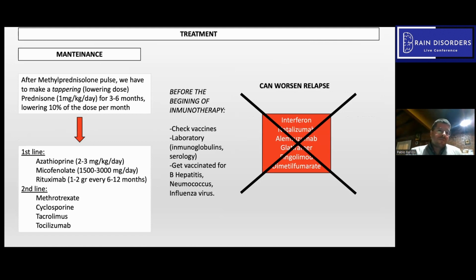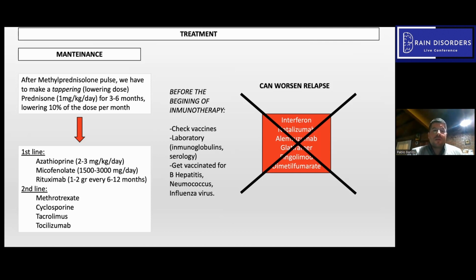And then, with the tapering of the steroids, we have some drugs that are first line and second line. First line, we have azathioprine, mycophenolate, and rituximab. The best of these is rituximab, but also the most expensive one.